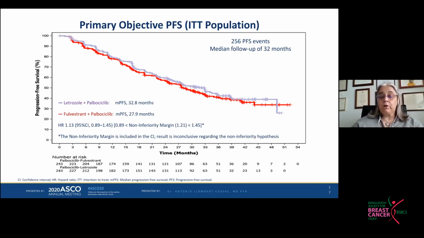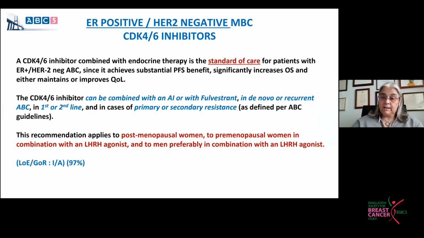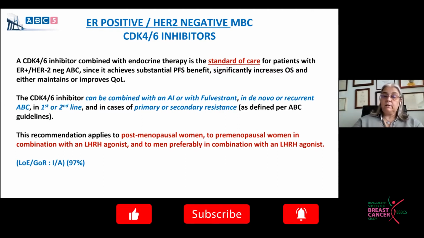So moving forward, we have chosen now the endocrine therapy agent. If we have access, and this is depending on economic factors, unfortunately, if we have the option and access, CDK4/6 inhibitors have become the standard of care in combination with endocrine therapy. And we can combine it with an AI or with fulvestrant.